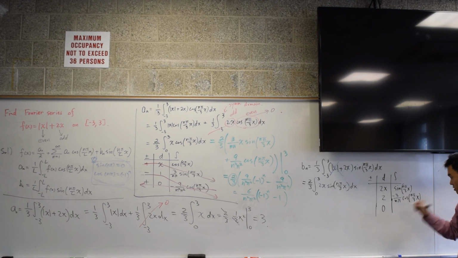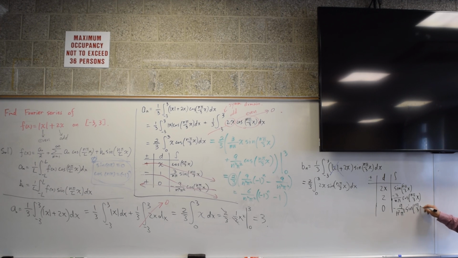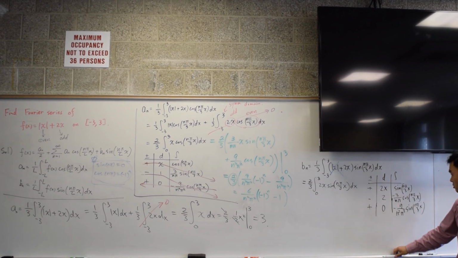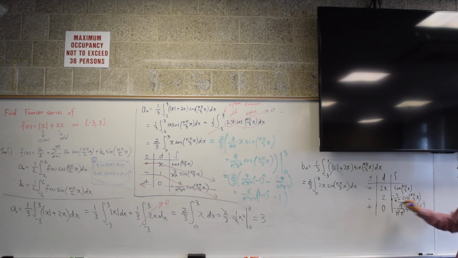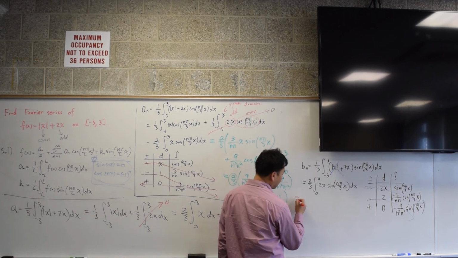And then integrating this again gives you negative 9 over n squared pi squared sine n pi over 3 x. And then it's plus, minus, plus. Again, do this and that. Let's see, what's the result then?